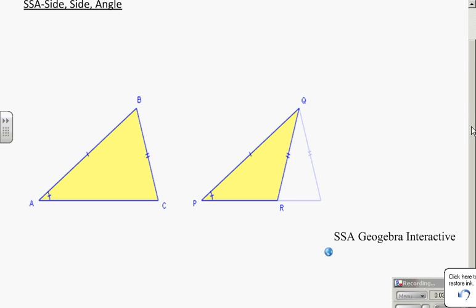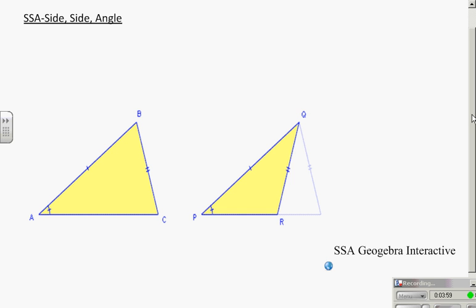The other thing that does not prove triangles congruent is side-side-angle. And if you flip the order around, there are no potty words in geometry. Short version of why this is the case, here I have an angle and two sides that are congruent.